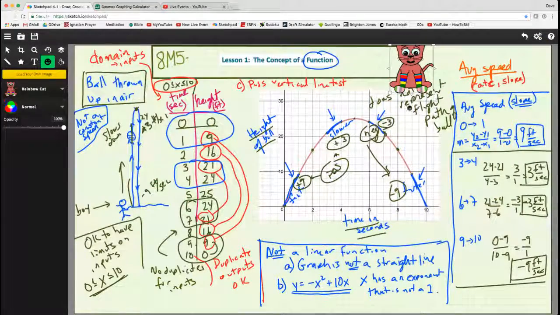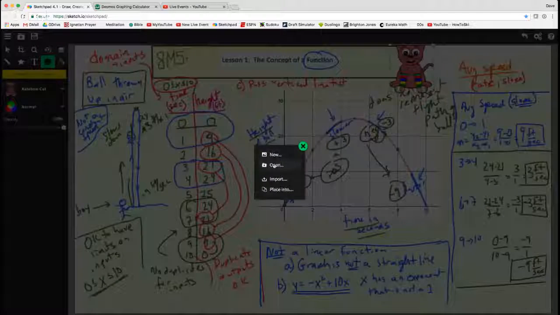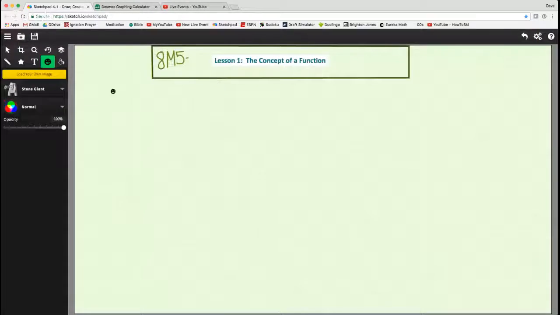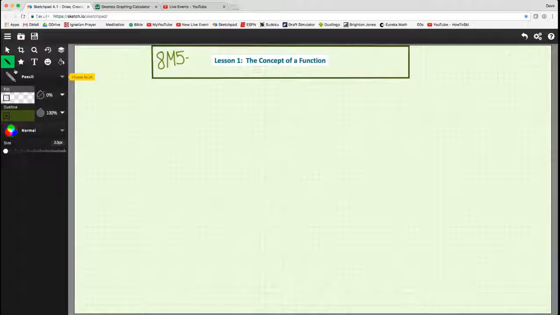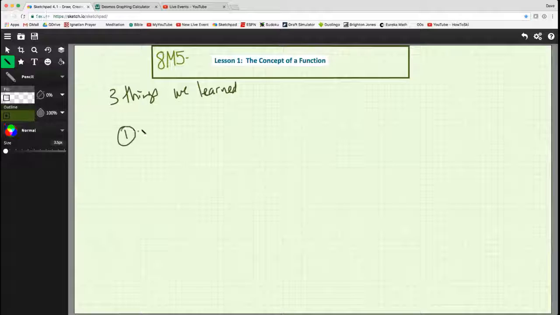And let's kind of summarize what it is that we've learned. We've learned 3 things today, and let's just write those things down. 3 things we learned. 1, functions.